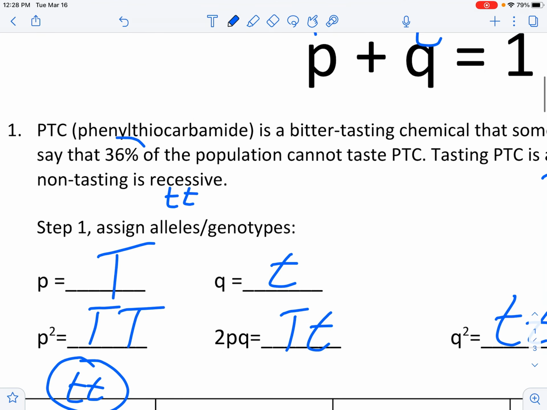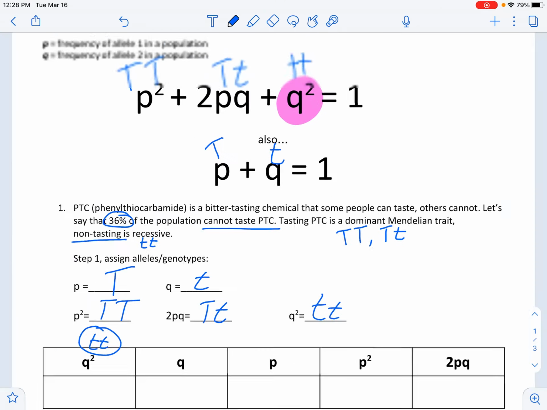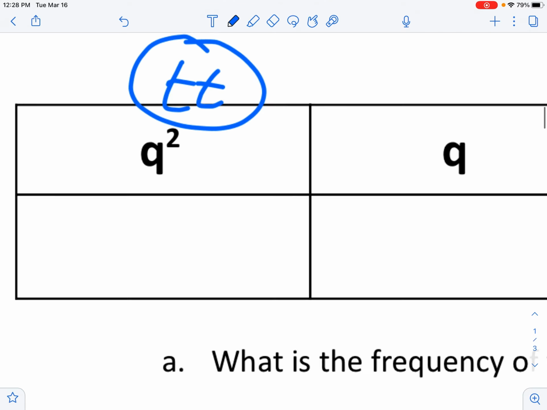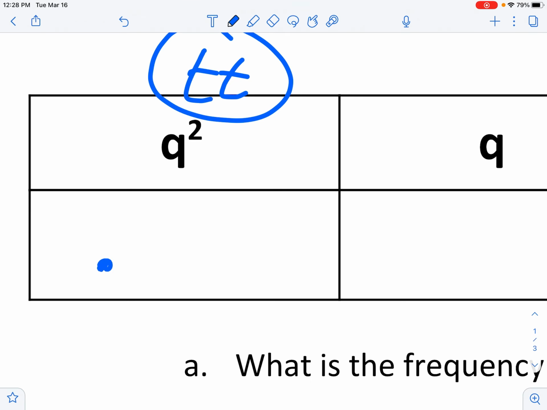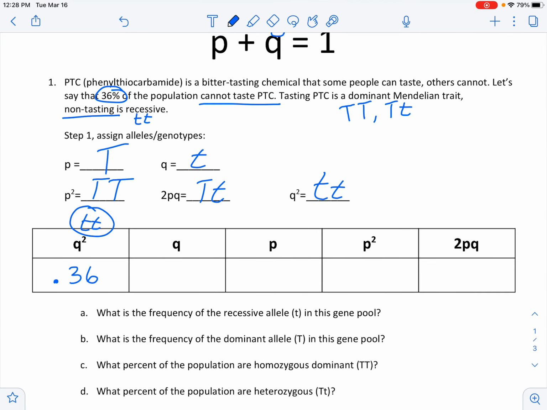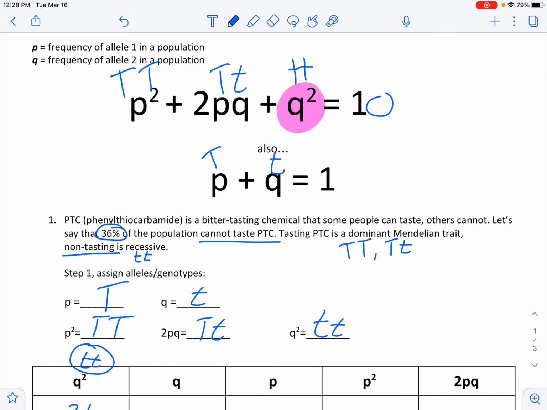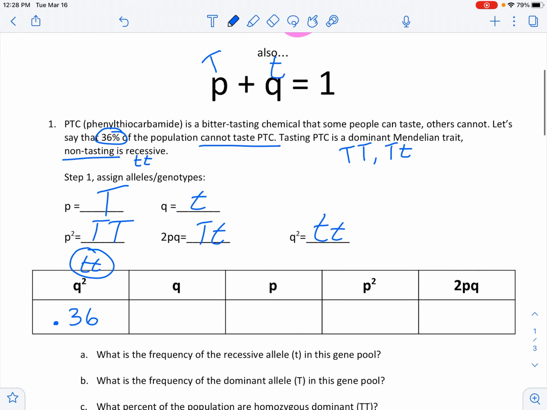It says that 36% of the population cannot taste PTC, which is the recessive trait. So 36% written as a decimal. We're going to write percents as decimals when we do these calculations. Otherwise this would be 100% if we used frequencies as a percent, which we're not.